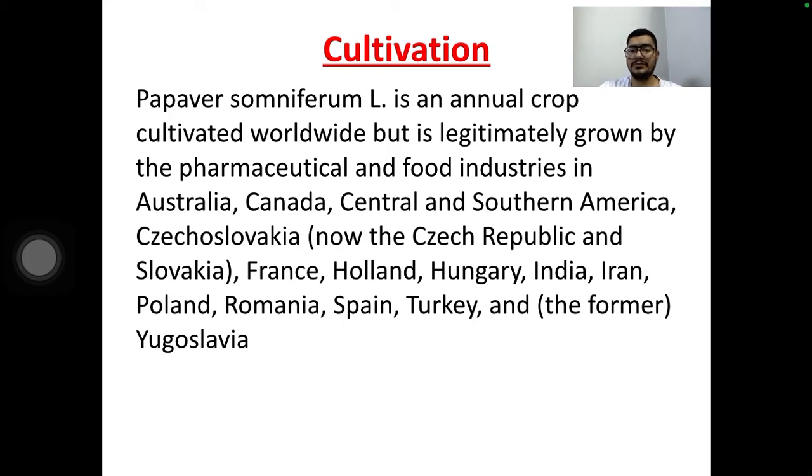In addition to these countries, the south of Iraq also cultivates it, and also uses it for bad things. So let's take more information.